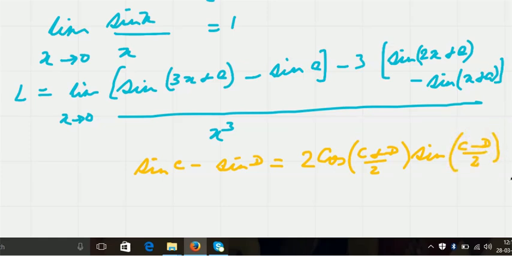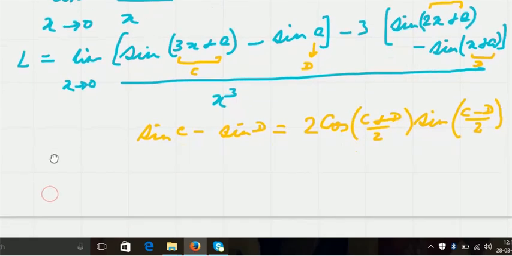In this case we will say 3x + a is c and this is d, whereas here 2x + a is c and this is d. So we use this formula to simplify this expression.